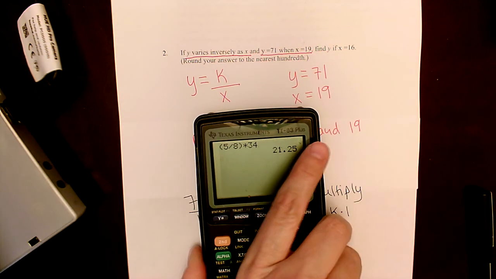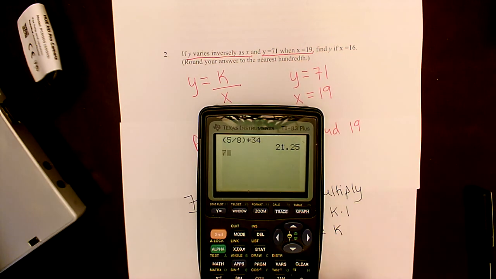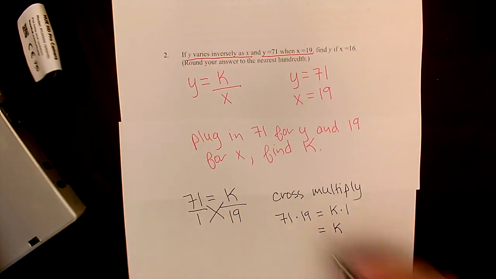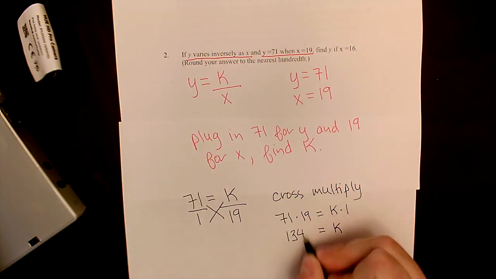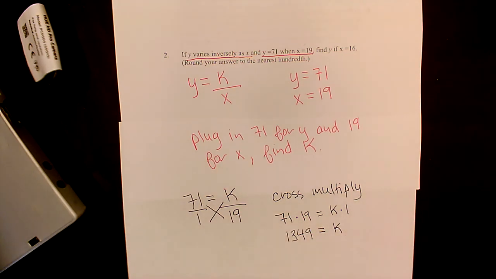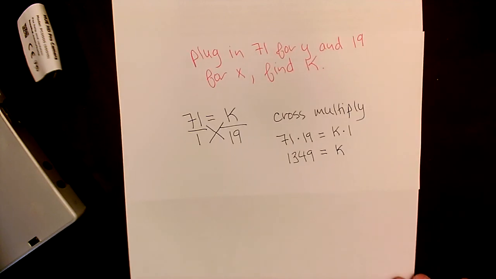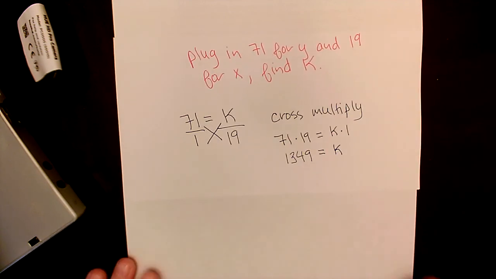Let me punch in 71 times 19, and I get 1349. So my K is 1349.